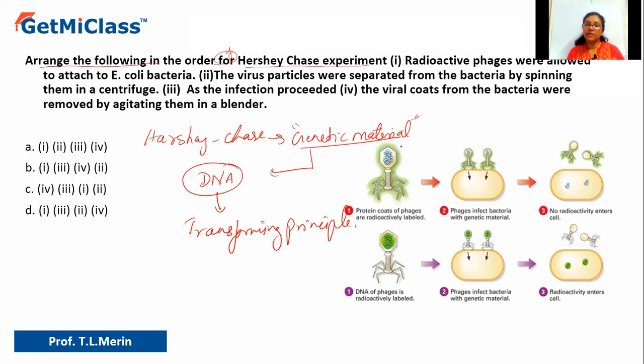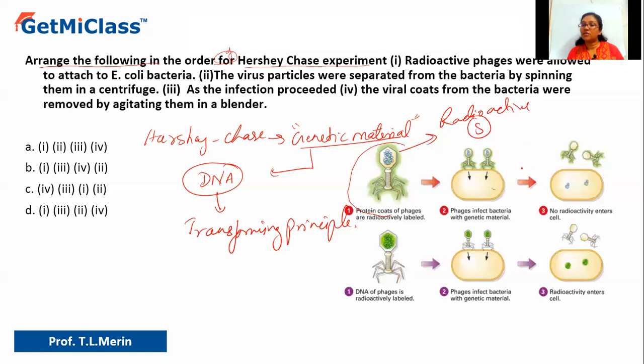So what did they do? They took phage, and in one set, they cultured phage in the medium containing radioactive sulfur, and then they allowed it to infect the bacteria. After infection, they allowed it to proceed, and then they wanted to separate the phage particles from the bacterial cells because they would have bound tightly to the bacterial cells.